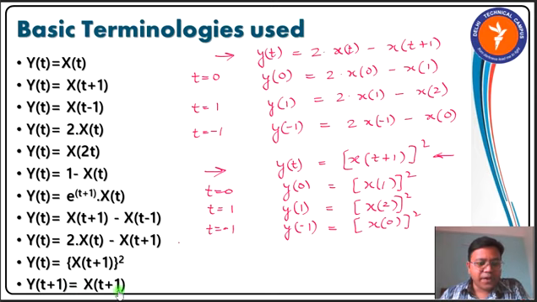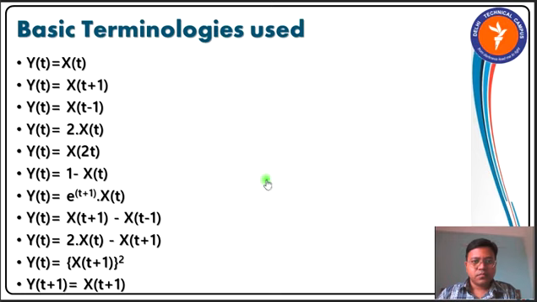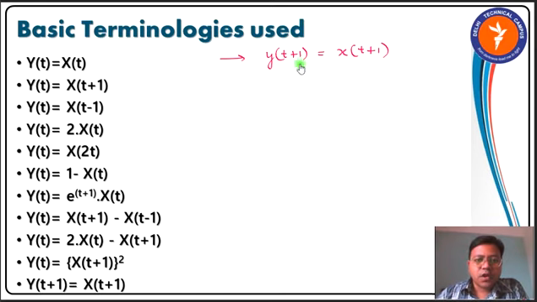Let us have a last numerical. We have y of t plus 1 equal to x of t plus 1. We have a system whose characteristic equation or governing equation is this one. So at t equal to 0, the output y of 1 will be equal to x of 1.